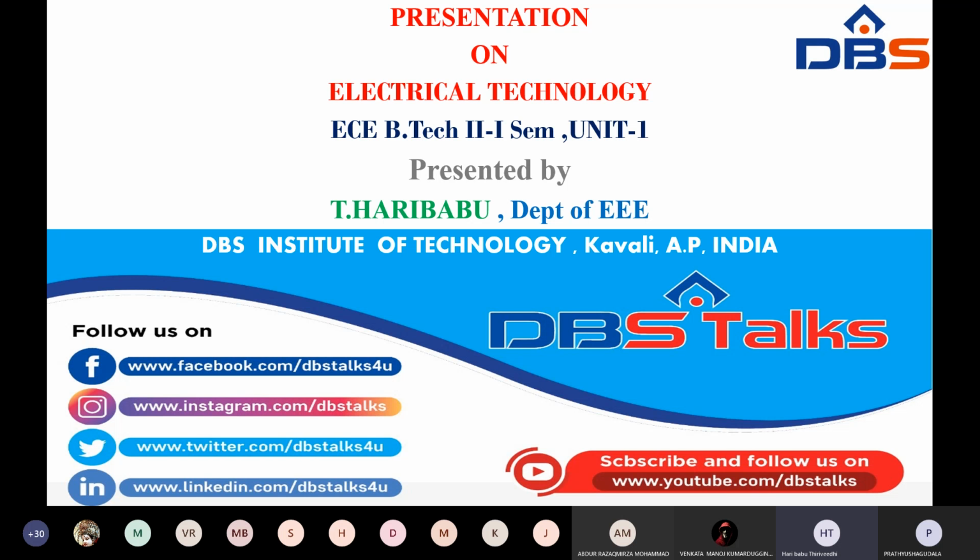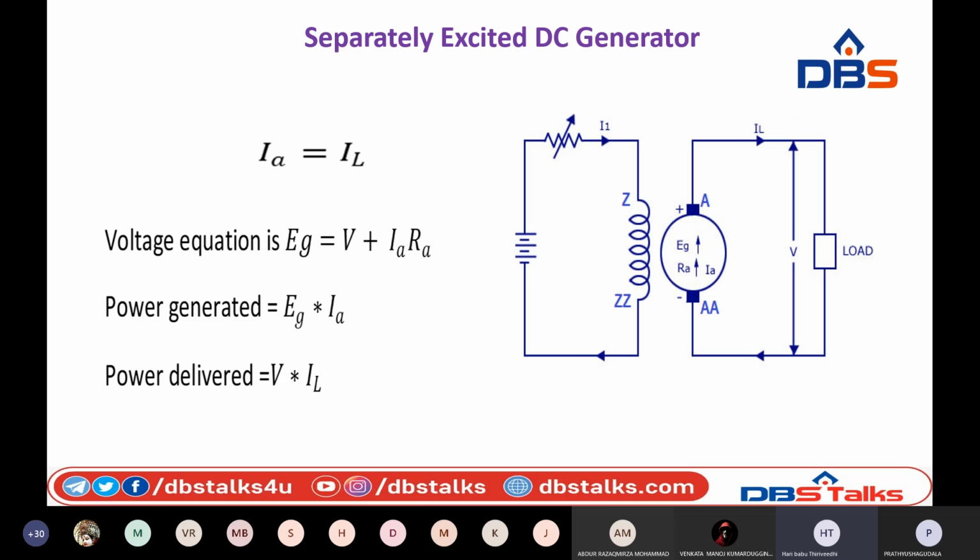So both are the same. IA is equal to IL. Now apply KVL to the generator equation. So voltage EG is equal to terminal voltage VT plus IARA.